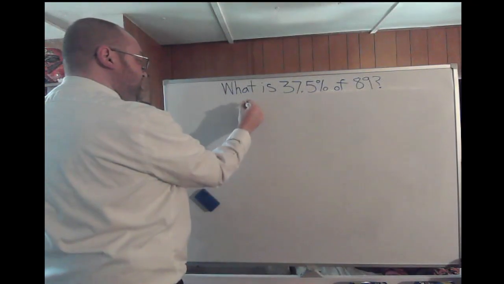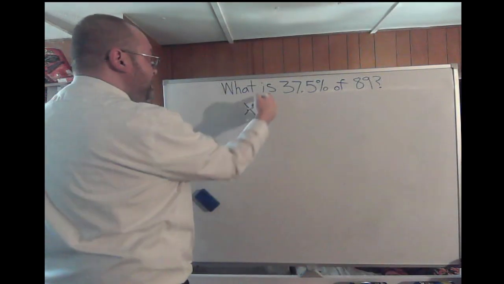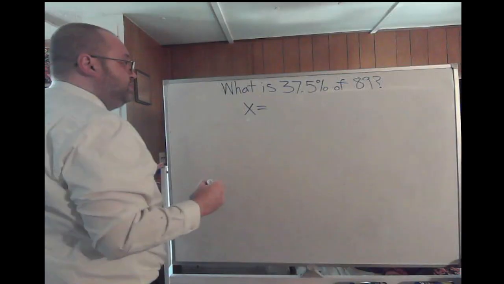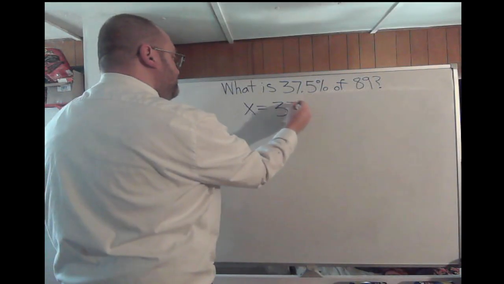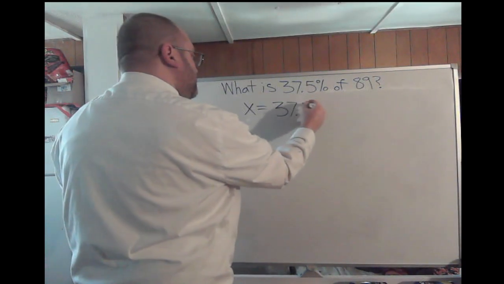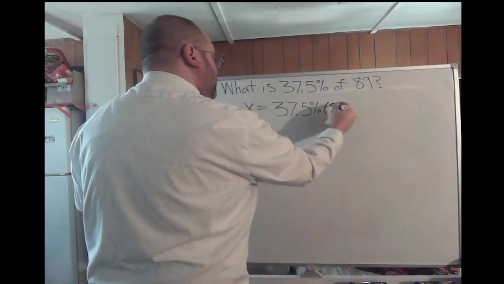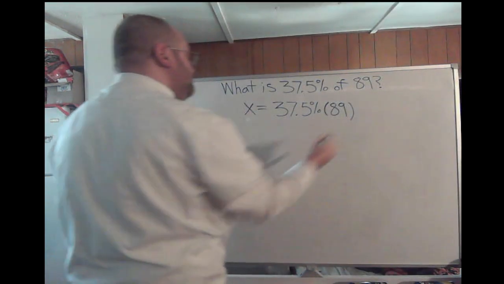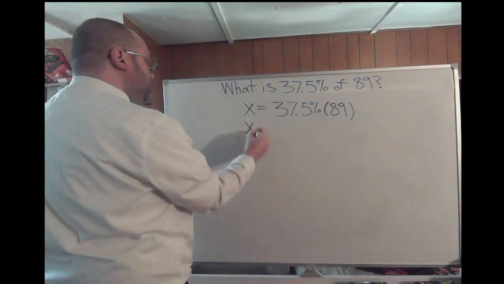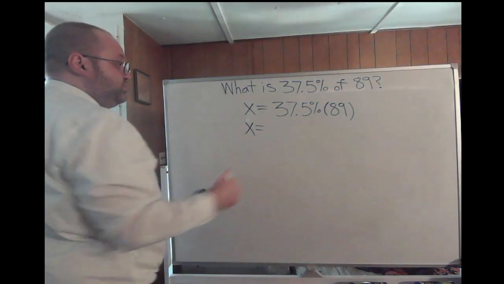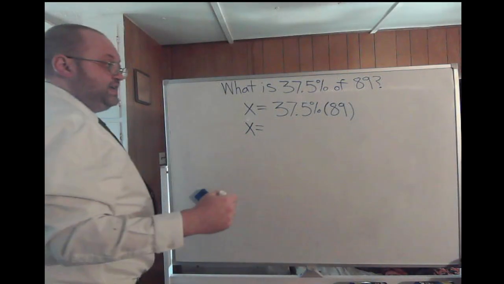So what is that variable? We'll pick x again. Is means equal to 37.5% of 89, which means we're multiplying 37.5% times 89. So we'll set x equal to 37.5% as a decimal.